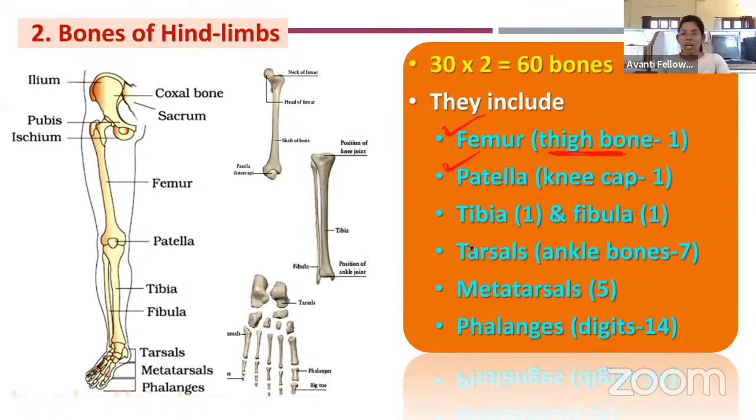And just as in the hands we have radius and ulna, in the same way we have tibia and fibula. Tibia is the bigger, thicker one, fibula is the smaller one. If you are a non-vegetarian and love chicken leg pieces, whenever you eat a leg piece completely, you can find one larger bone, and beside that, one smaller bone.